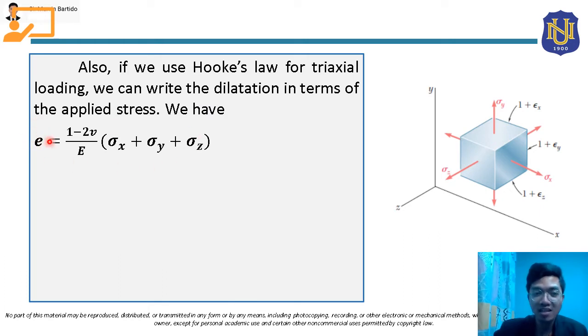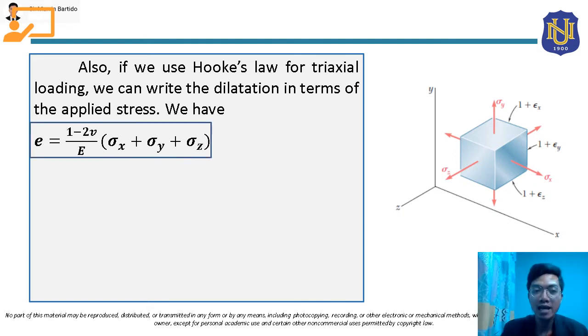So this dilatation is in terms of sigma x, sigma y, and sigma z, instead of epsilon x, epsilon y, epsilon z. Again, this is from Hooke's law for triaxial loading, where we just substituted the formulas for epsilon x, epsilon y, and epsilon z in the original formula for dilatation.